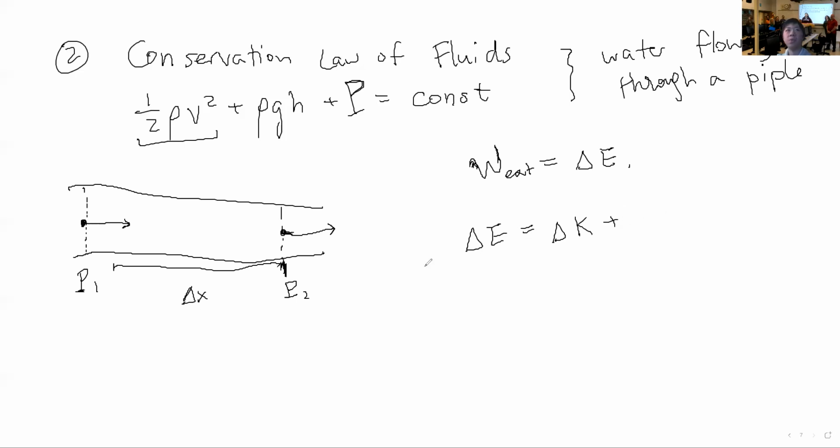If the thing has a mass of dm, then this is equal to plus dm times rho times h, and then delta of that. Wait, did I just say delta d? No, delta m.